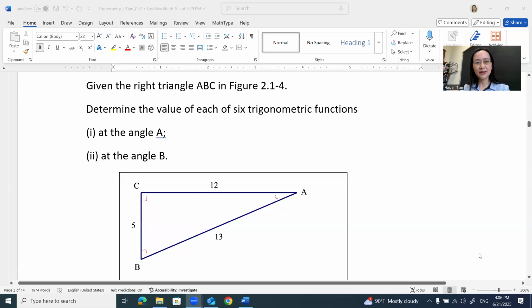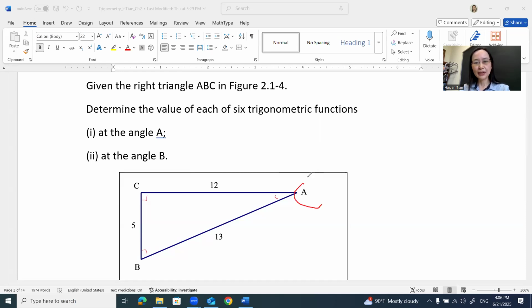So let's look at a specific case. So here's a triangle, an acute angle A. If we look at this A, this is an acute angle, but actually there are 2 acute angles in this right triangle, right?